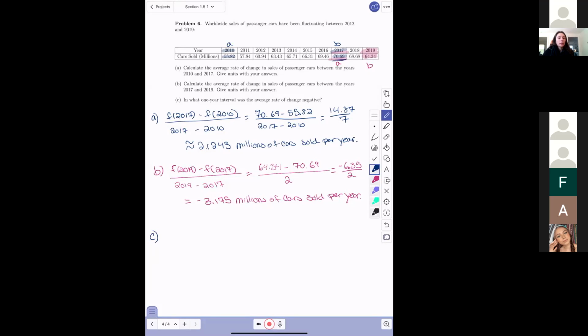For C, in what 1-year interval was the average rate of change negative? I think I was supposed to write this as 78.68. I think I typed that out wrong.